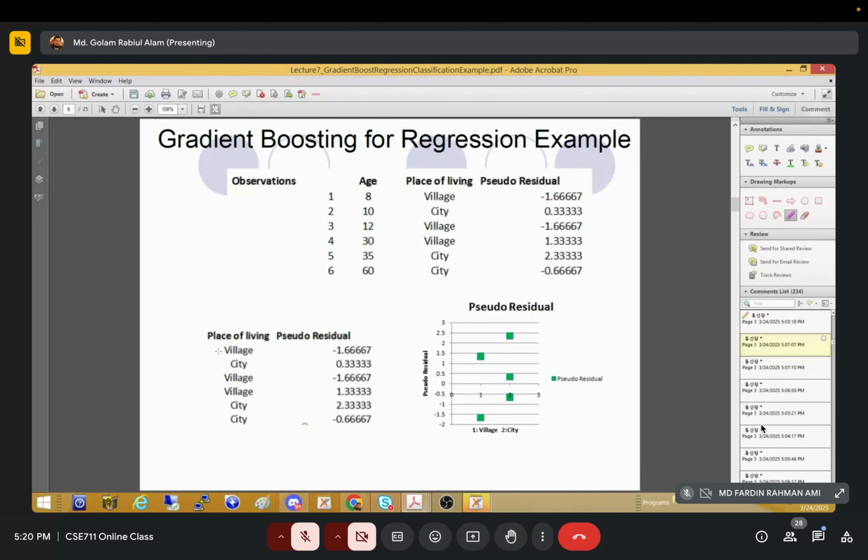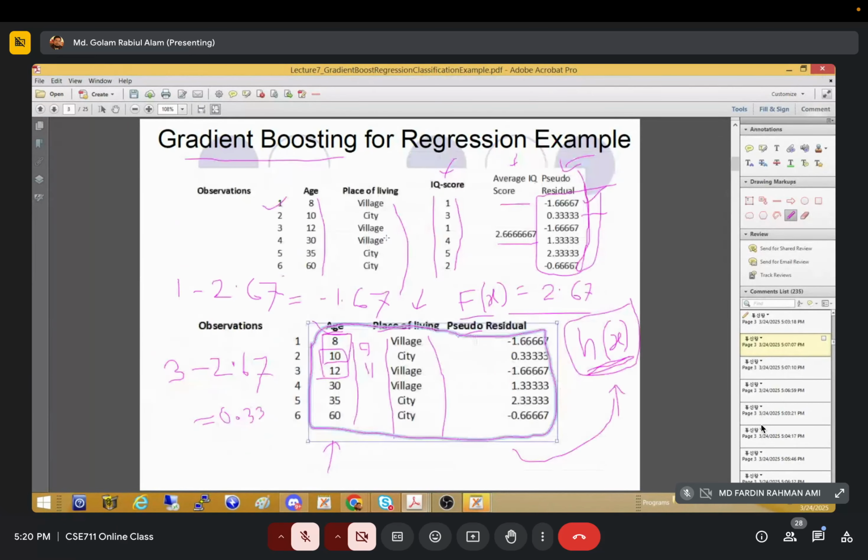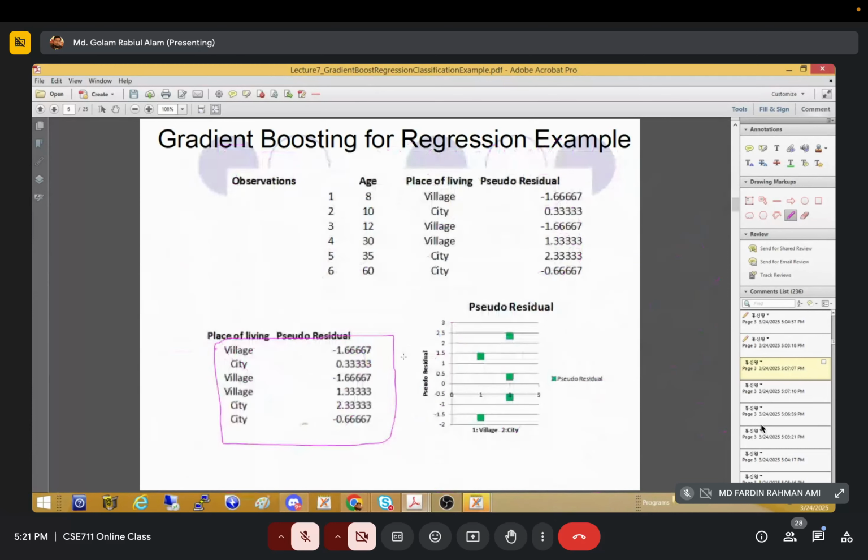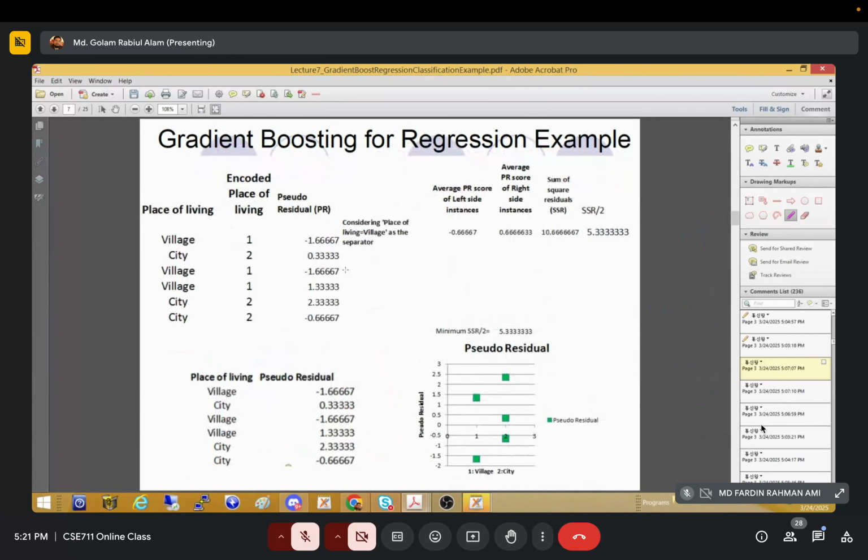So now we consider place of living and the corresponding pseudo residuals from our data set. That means we consider only this part, place of living and the pseudo residual. What will be our possible splitter in this case?